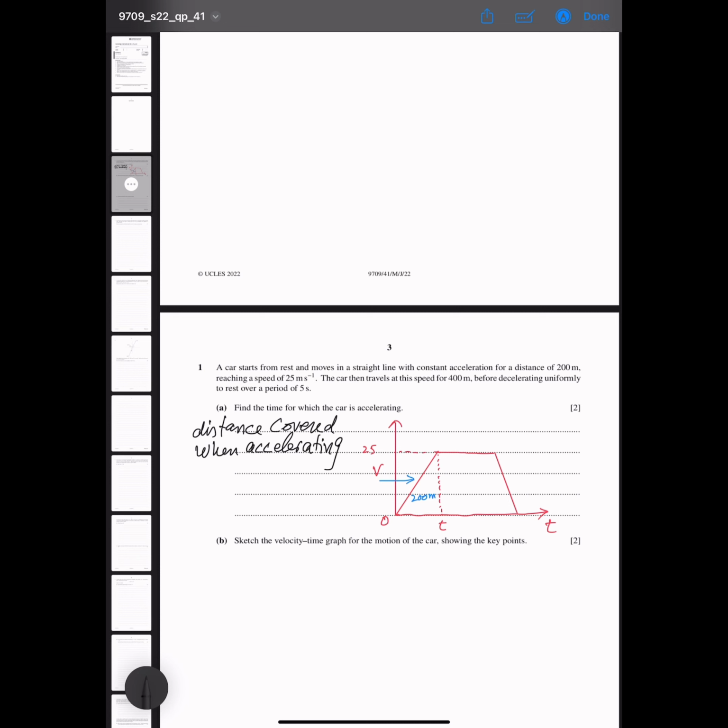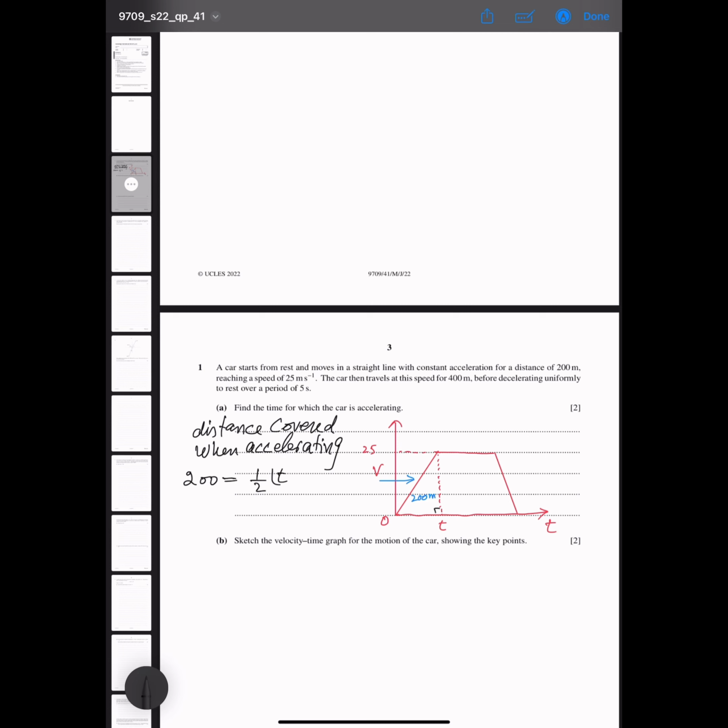accelerating, the distance is 200 meters, but in speed time graph we find the distance by the area under the graph. So we will find the area of this triangle which will be equal to 200. This is a right angle triangle, तो हम area find करेंगे 1/2 base into height. Base is this 0 to t.